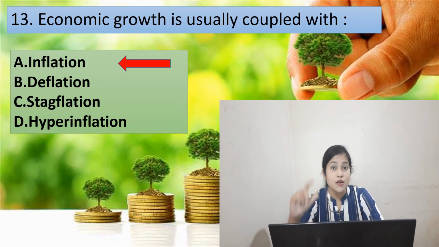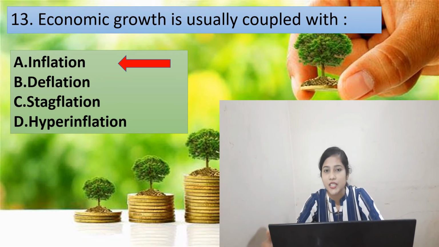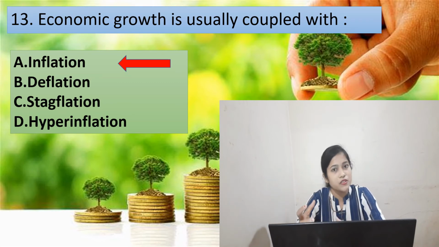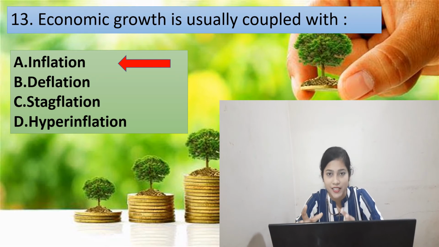What is inflation? More money chasing few goods. And this only occurs when the disposable income with the consumers has increased. Getting the point? So economic growth is usually coupled with inflation. Okay, moving to the next question.